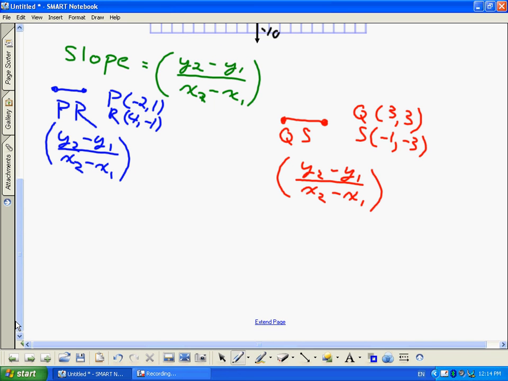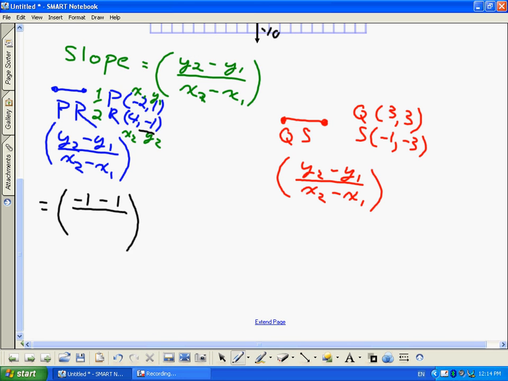We're going to call one of the points our first, and the other one our second. So we'll call P our 1s and R our 2s. So when we go to plug it into the formula, it's pretty easy to see. This is our X1, Y1, X2, Y2. That way it's easy to plug right into this formula. Do the rest in black here. So Y2 is our -1, subtracted by Y1 is just 1.